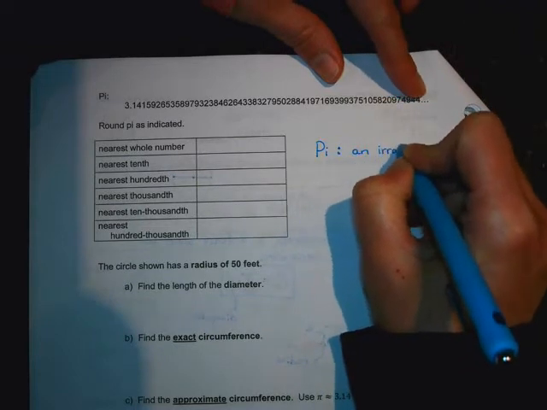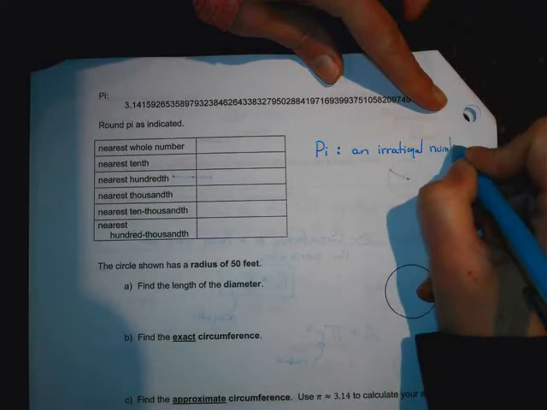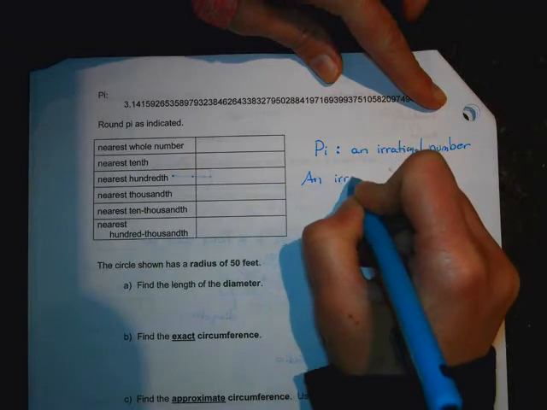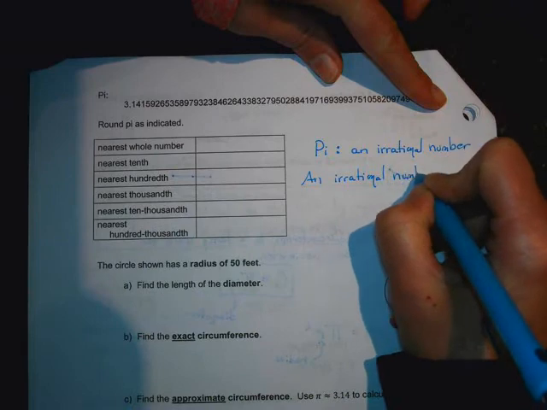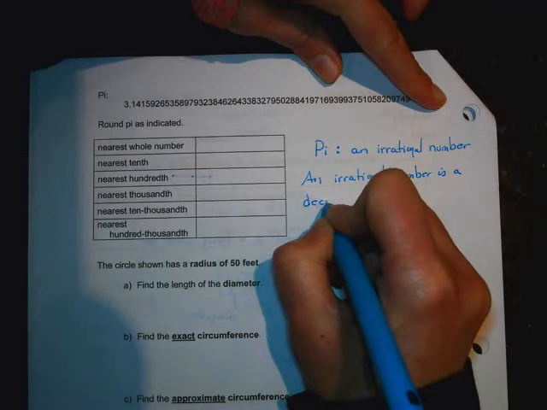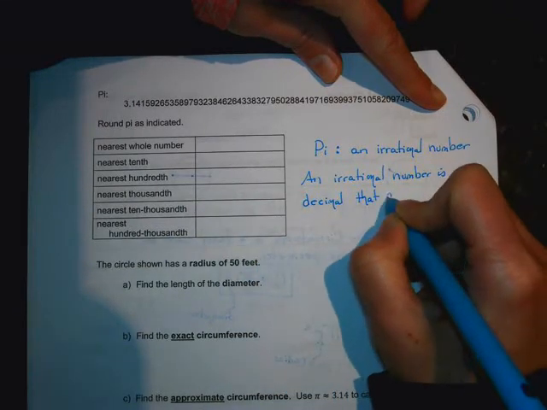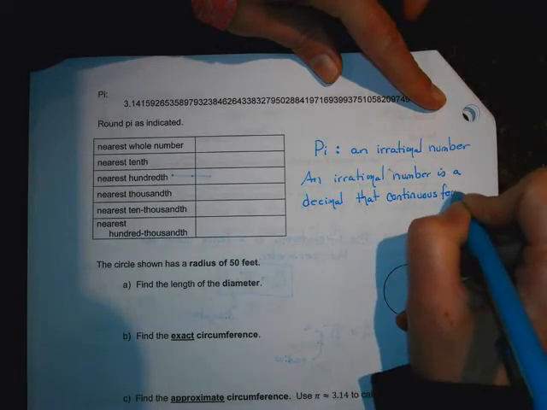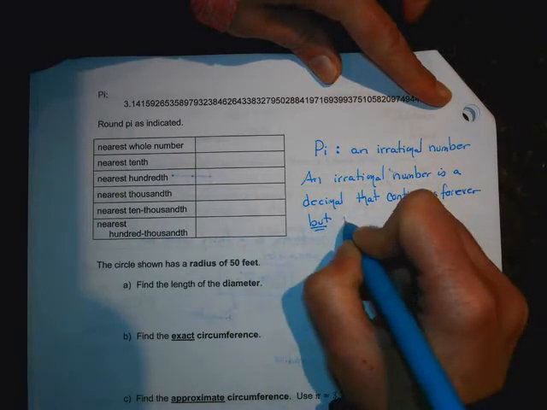An irrational number is a decimal that continues forever, but never repeats.